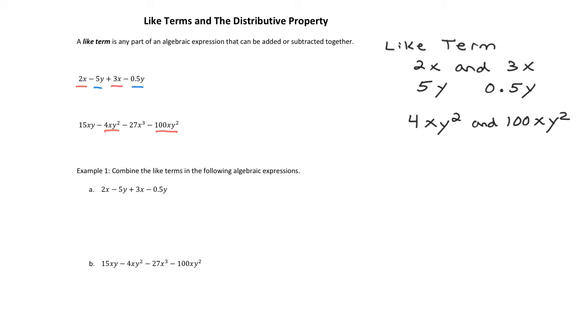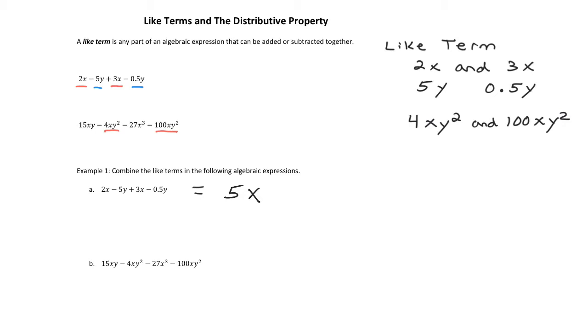So for example 1, what I'd like to do is now combine the like terms in order to simplify the expression. If we look at part A, we have a 2x and a 3x, and you can just add the coefficients together to give us a total of 5x. I'll repeat the same thing with the y's. We have negative 5y and minus 0.5y more.